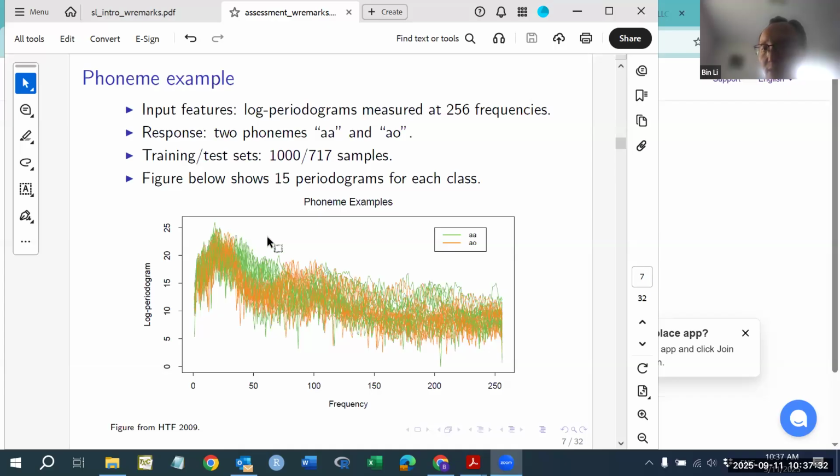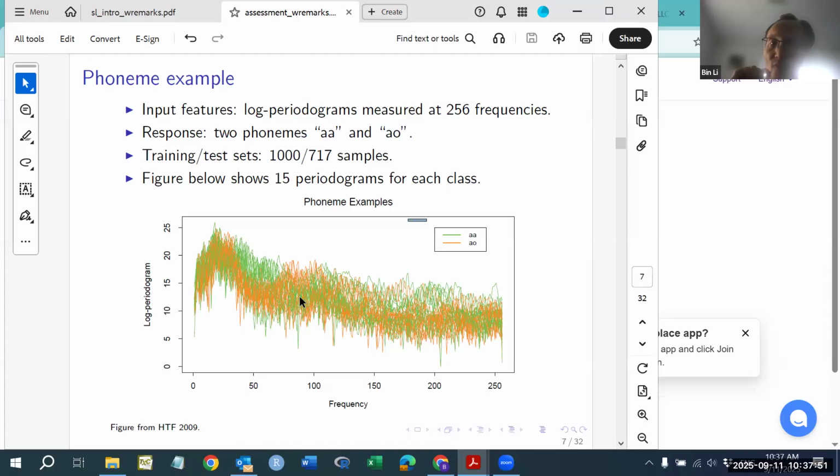Let's see examples. This is the phoneme example. It's a classification problem with two classes. This is a speech recognition example.